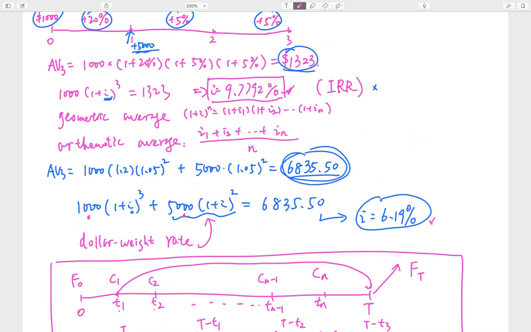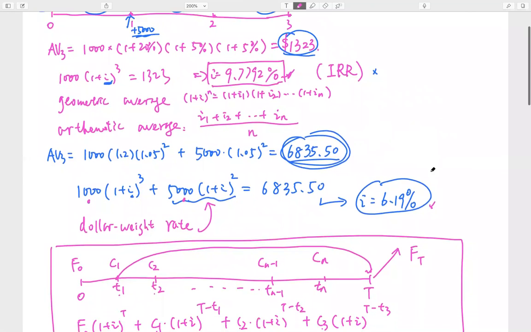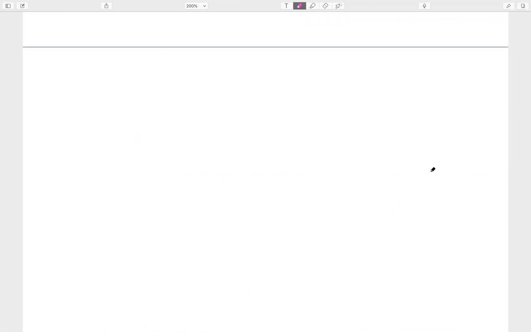That's probably not ideal, because two managers did the same thing. So that motivates us to consider something slightly different to isolate the impact of additional cash flows.